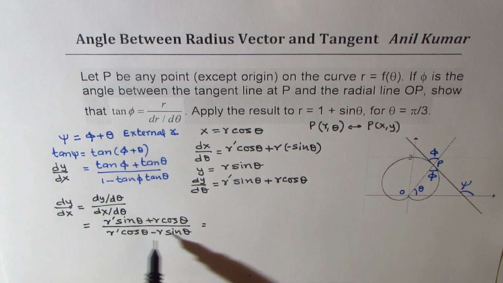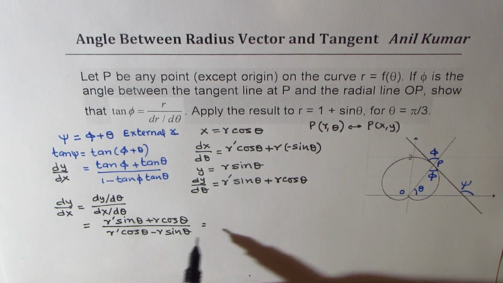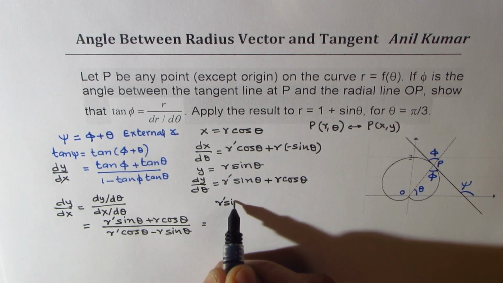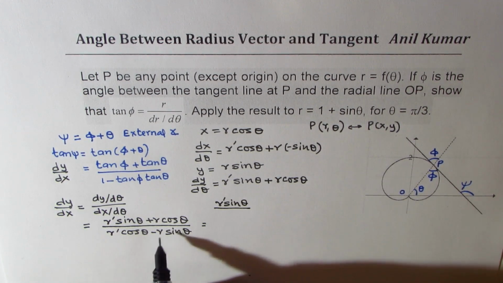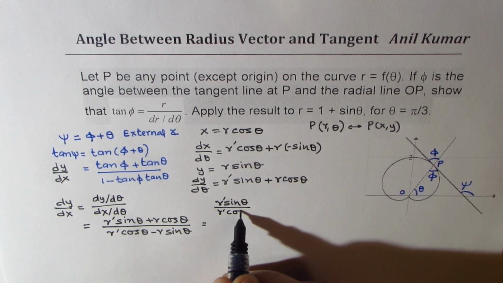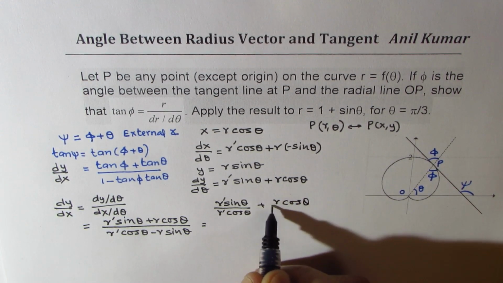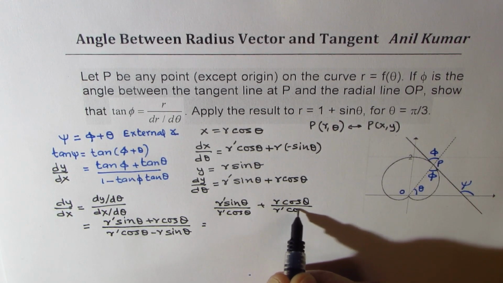That's a step which is very critical. So what we are trying to do now is divide r dash sine theta by r dash cos theta. We'll also divide r cos theta by r dash cos theta.